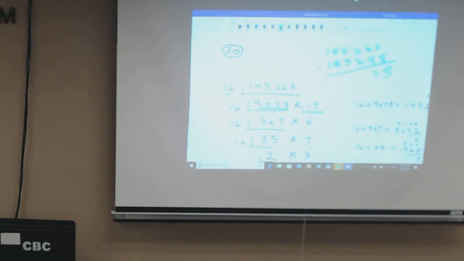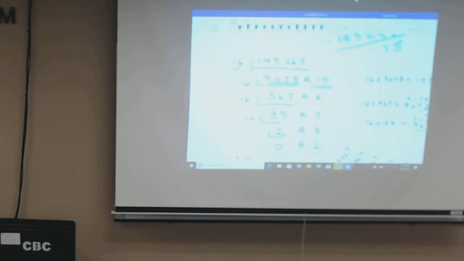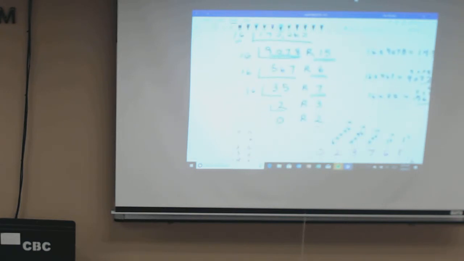Okay? Then I take 9078 and divide by 16, and I get a remainder of 6. Then I take this and get a remainder of 7, and I take this and divide by 16 and get a remainder of 2. Oh, 35 by 16. 2 16s is 32, remainder of 3.